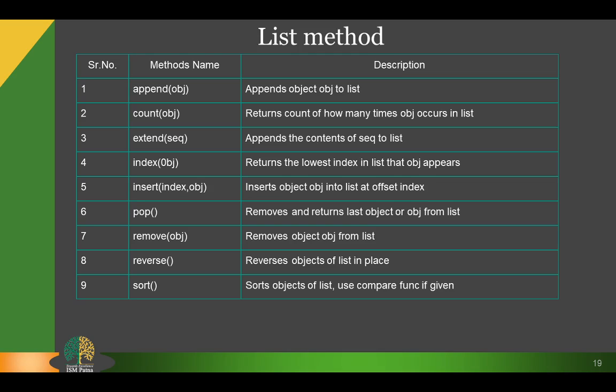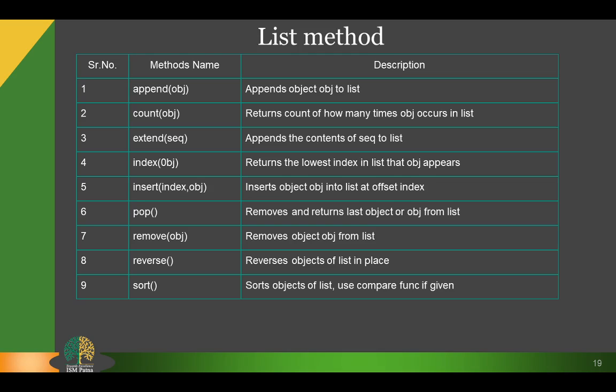Here are some methods supported by list. These are append, which is used to append to your list, meaning whatever element you want to add will be added at the last. The count function is used to count the number of times an object occurs in a list.